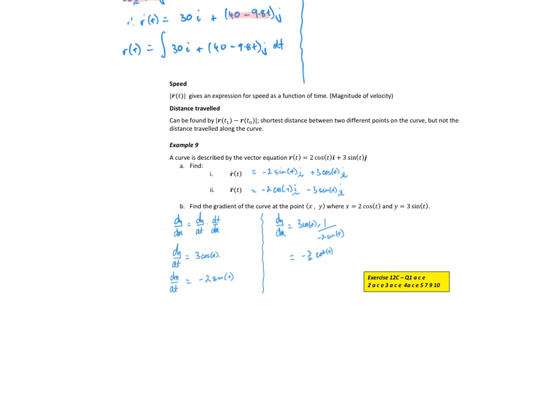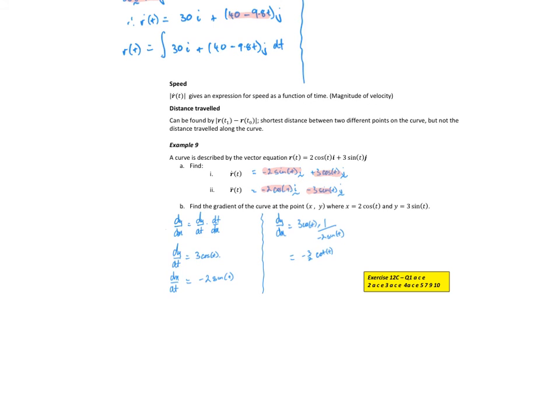So let's just make sure we got them right. So negative 2 sine t, derivative of sine is positive cos. That looks okay. Double dot, derivative of the velocity vector. Derivative of negative sine will be negative cos. Derivative of positive cos will be negative sine.